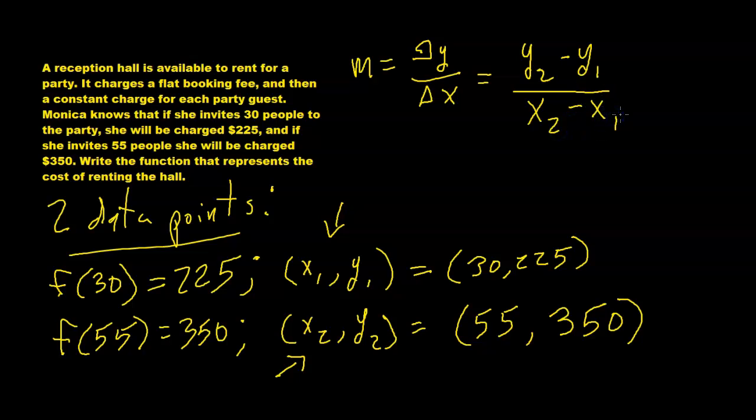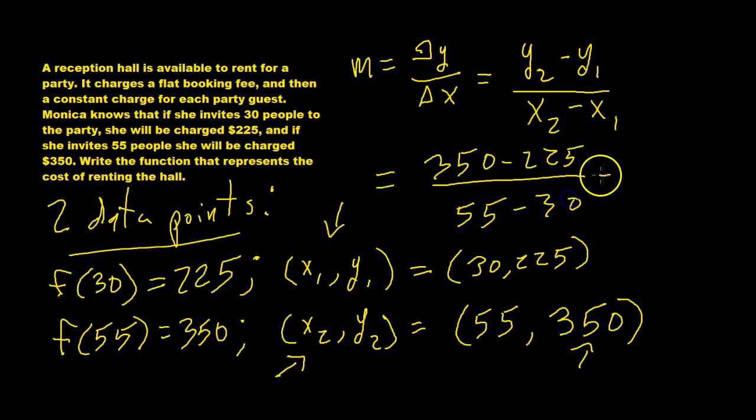So let's plug in our information. We know that 350 is y2, so we got 350 minus 225, divided by x2 minus x1, that's 55 minus 30.